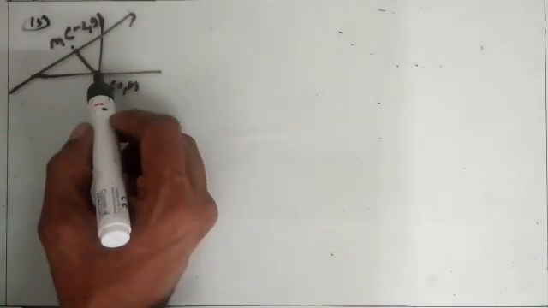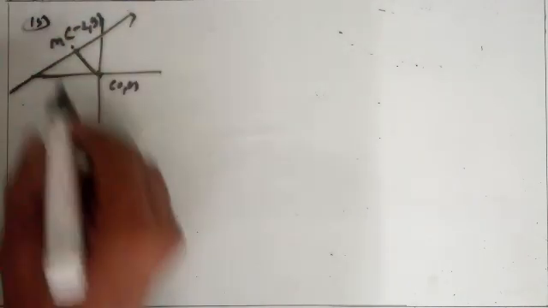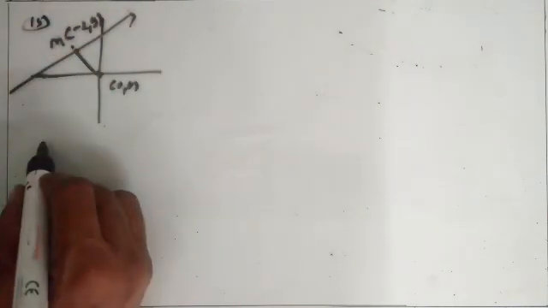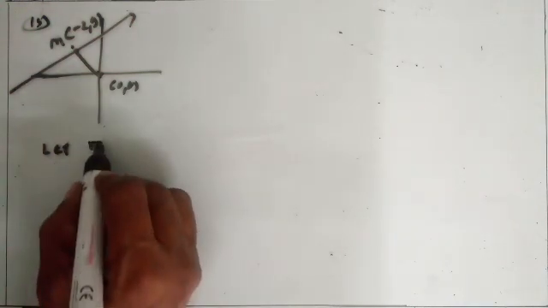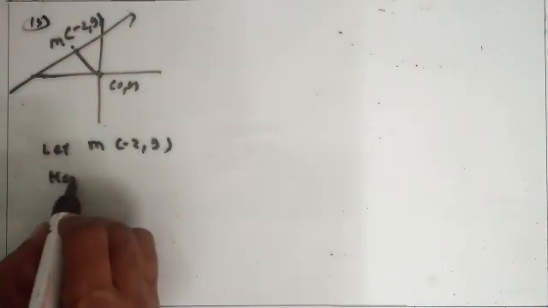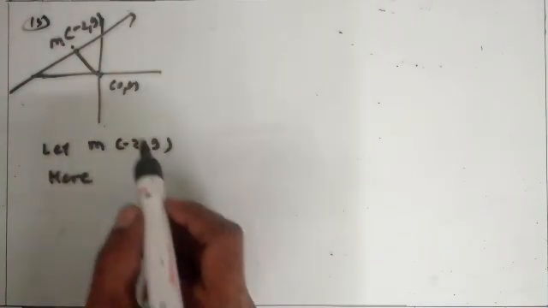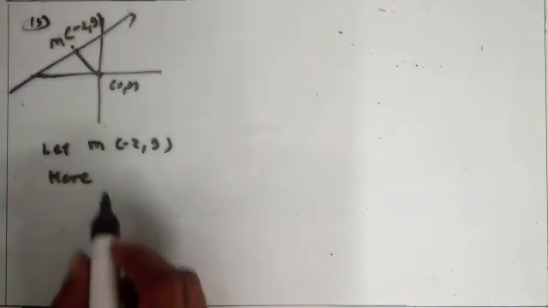Here the required line passes through (minus 2, 9). So this is the point M. Let M be (minus 2, 9). Here OM is perpendicular to this line.